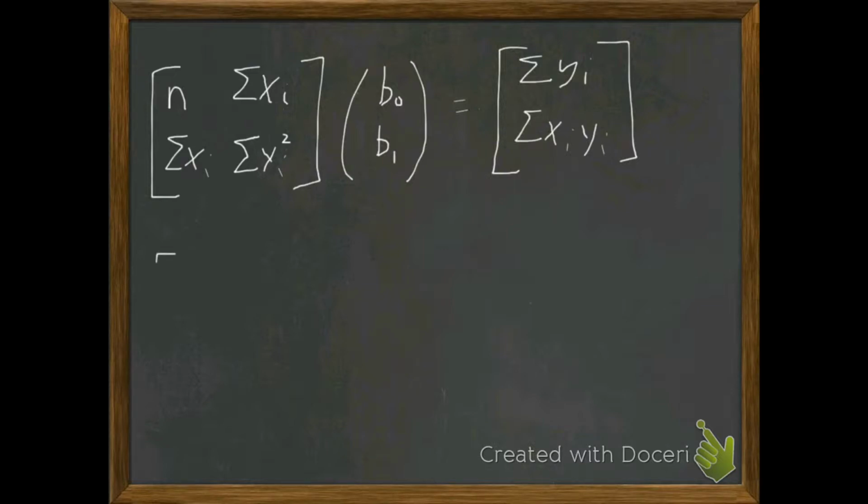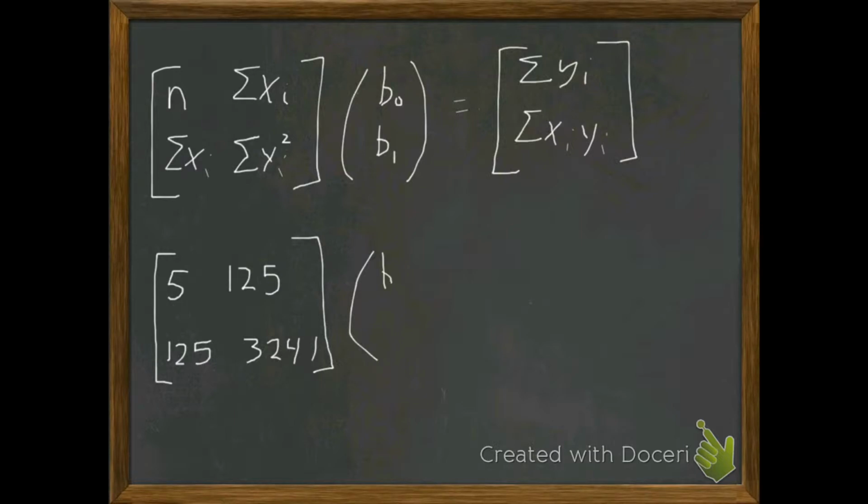Now, gang, if we were going to create this matrix, n for our GPA data was 5. We saw the sum of the x sub i's was 125. Same thing here. And here we have 3241.